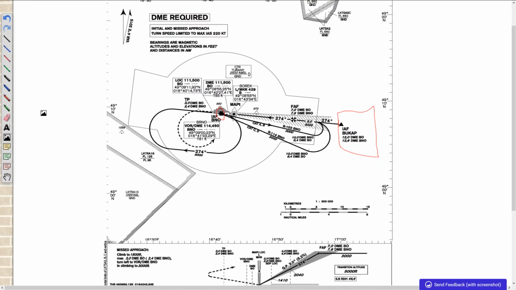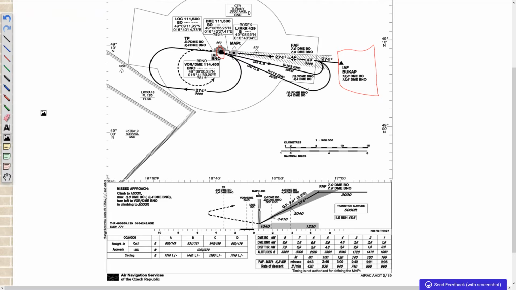So for these segments of the approach, you do not need all segments for all procedures. Sometimes the initial or intermediate segment can be omitted.